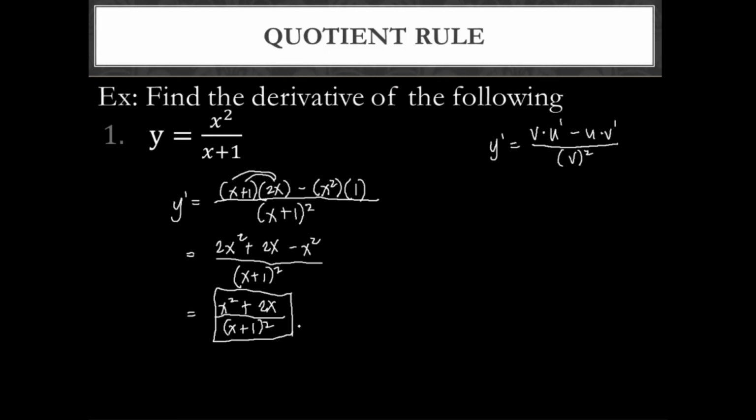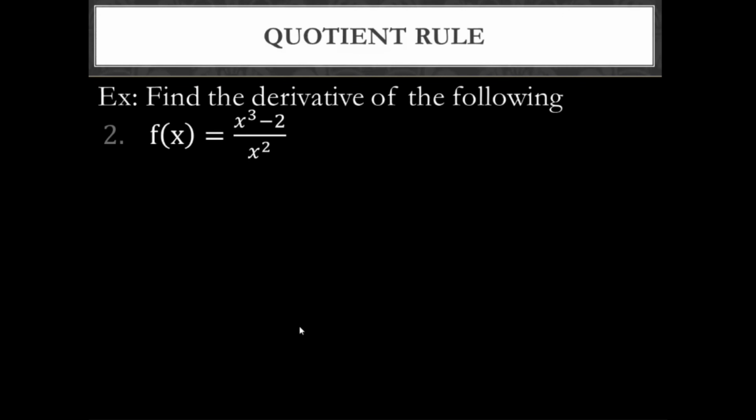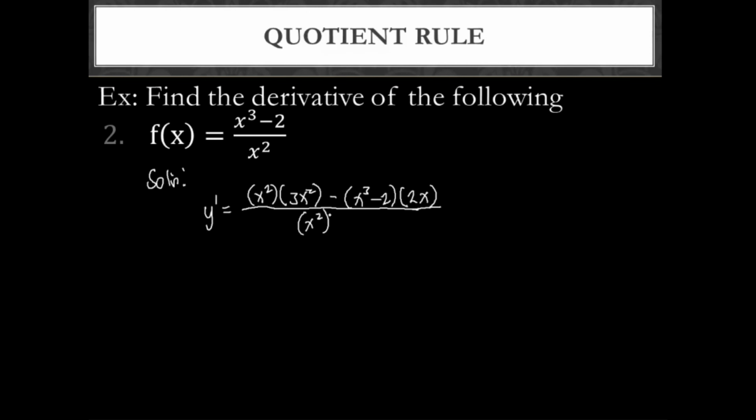Okay, next, example number 2. Y prime is equal to, copy the denominator, multiply sa derivative ng numerator, 3x squared, okay, minus, copy the numerator, times the derivative ng denominator, 2x na lamang, and then times the square of the denominator.